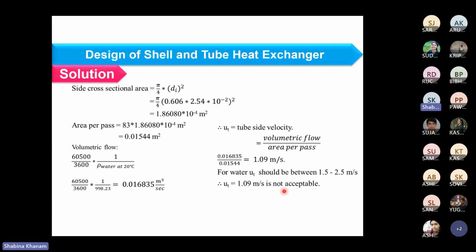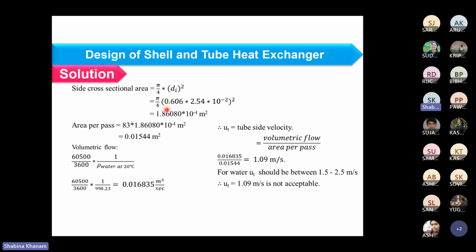Now, we need to calculate the tube side heat transfer coefficient and shell side heat transfer coefficient. First of all, we will proceed with the tube side heat transfer coefficient, for which you need to calculate the velocity, and that velocity should be in the permissible limit. So we have the cross sectional area of one tube.